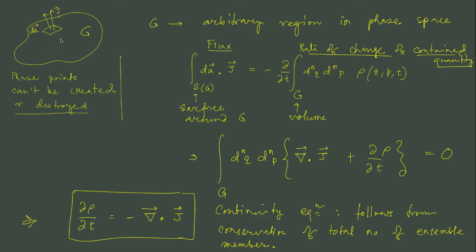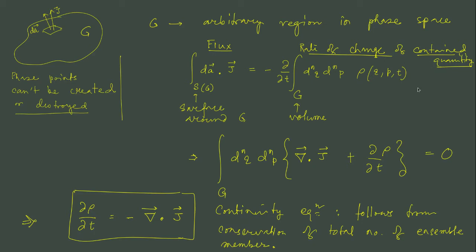Just like we discussed before, phase points are constantly in motion, moving from one grid point to another, following the trajectories. So in a given volume G, the points inside would definitely go out following the trajectories, and one can easily calculate how many points are leaving the volume by calculating the flux, which is a surface integral of the current density over the surface of G.